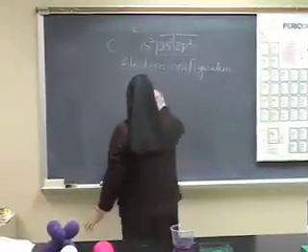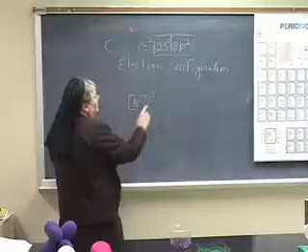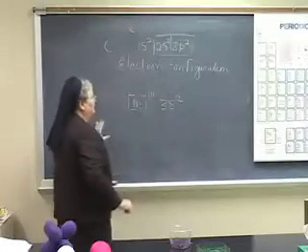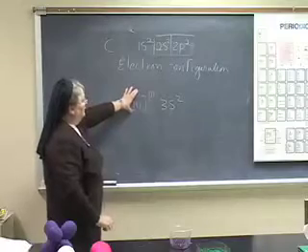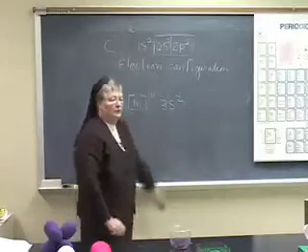So neon, 10, and magnesium has 12, and so 3s2. This is a shorthand notation. The core for magnesium is the filled neon, and then this is the valence with 2.